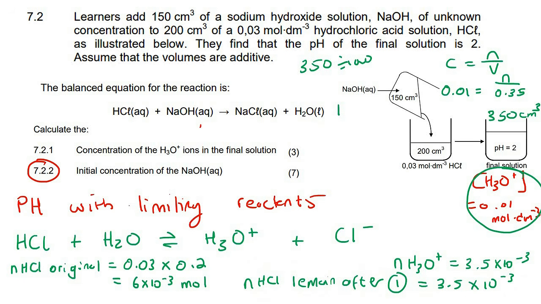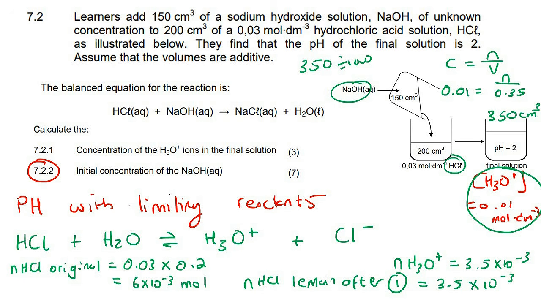So then what number could we work out now? Well, if this is how much HCl we had in the beginning, and after the reaction this is how much we have, then what could we calculate, guys? We could calculate how much HCl was used when these two were reacting in this reaction over here.